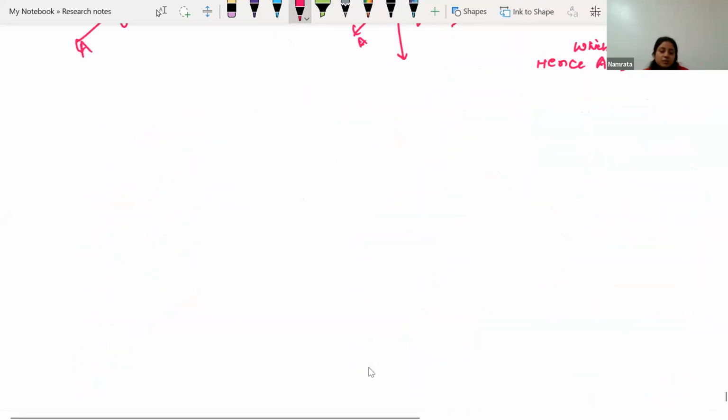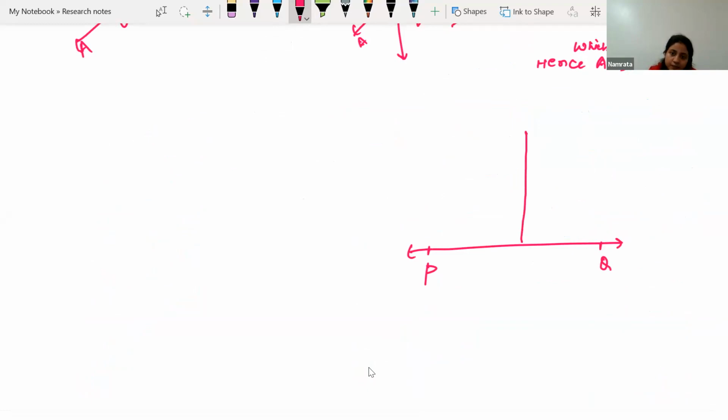Now the next question, let me draw the figure. P, Q, R, S. Here it's written that POQ is a line.